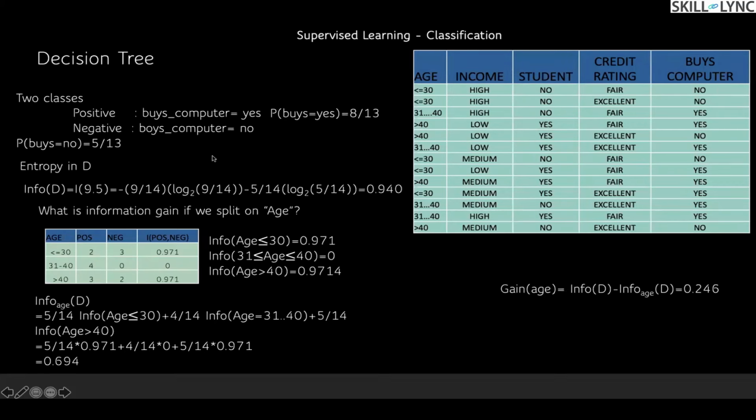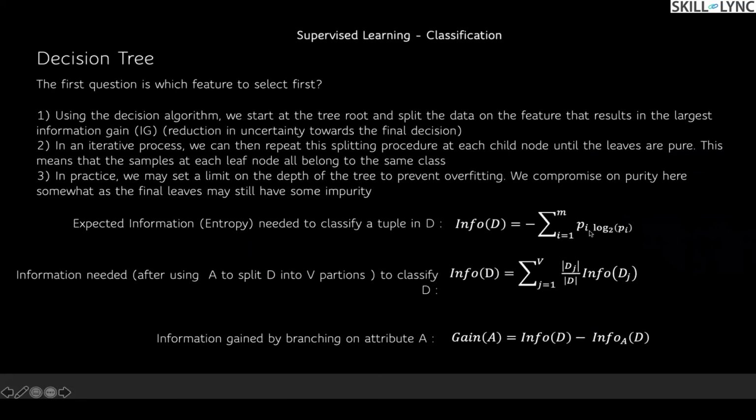So let's calculate the entropy. Now, what is the entropy formula? Summation of probabilities times log probabilities, denoted by information of D. This is entropy actually. There is some misprinting here; I will change it and send it again. Let's look at the formula itself first.